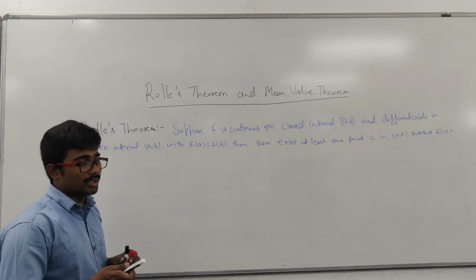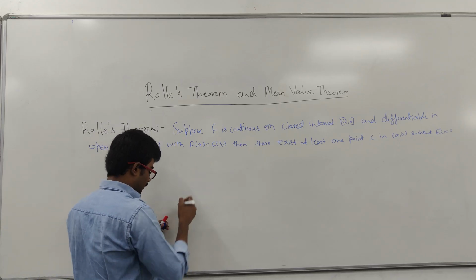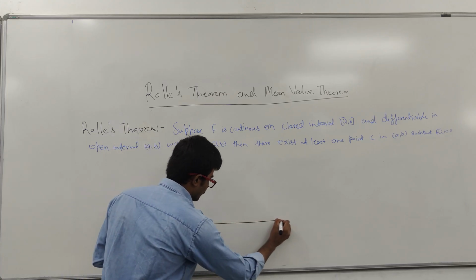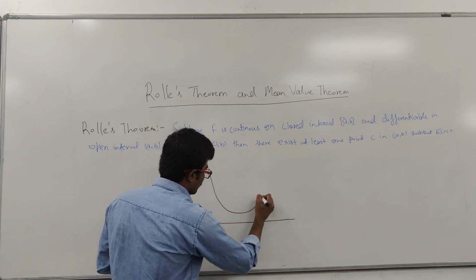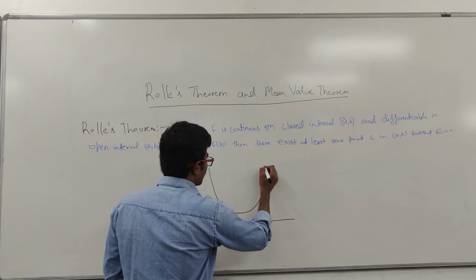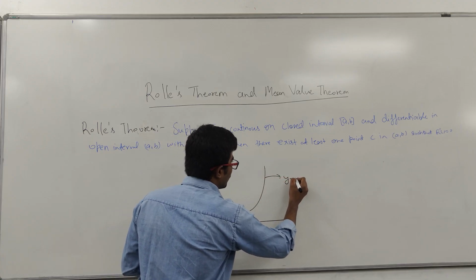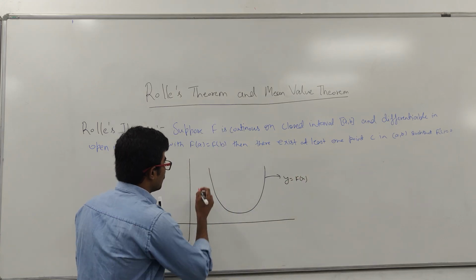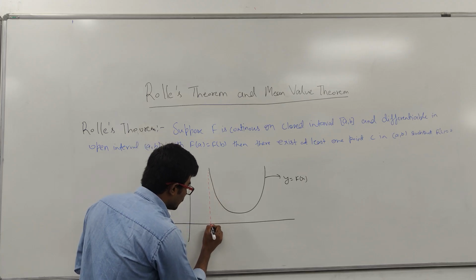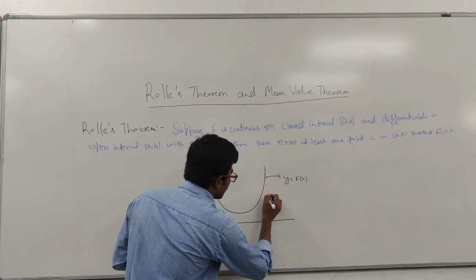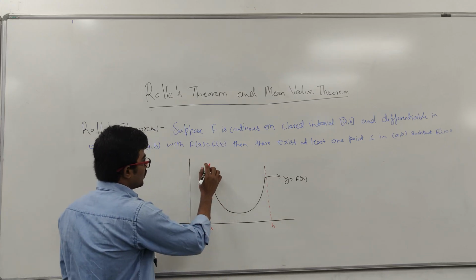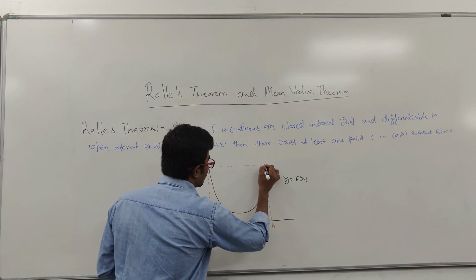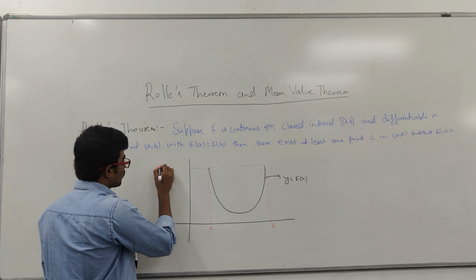So let us see its geometrical meaning. Here y equals to f of x. This is a curve between the point A and B. This is point A and this is point B. This point is A comma f of a and this point is B comma f of b. f of a equals to f of b.